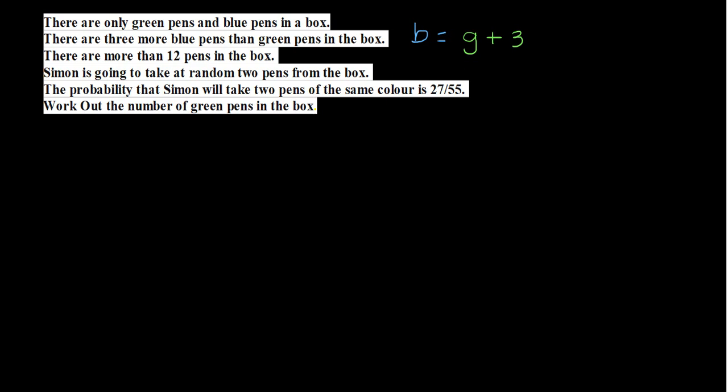Sorry, there are more than 12 pens in the box. Simon is going to take at random 2 pens from the box, and the probability that Simon will take 2 pens of the same color is 27 over 55. Right.